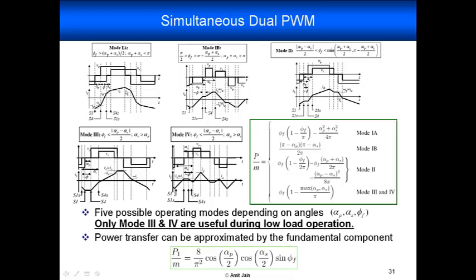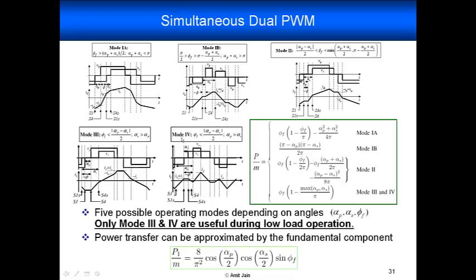It turns out that of all these 5 modes, only mode 3 and mode 4 are actually useful. Mode 4 is useful when we have M less than 1.